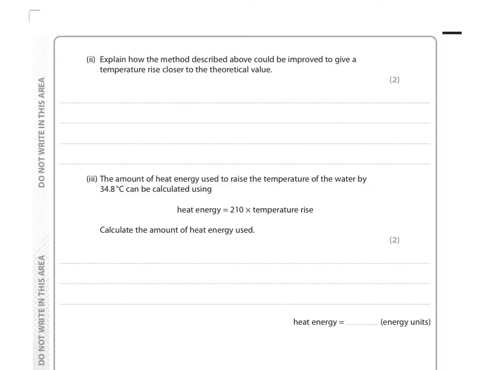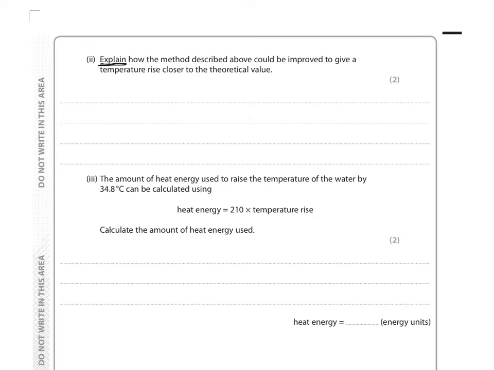Part 2, if you got part 1 right, then obviously part 2 says explain how the method described above could be improved to give a temperature rise closer to the theoretical value. Obviously, you need to explain, so you need to give one method that you could reduce heat loss and then explain why that reduces heat loss.